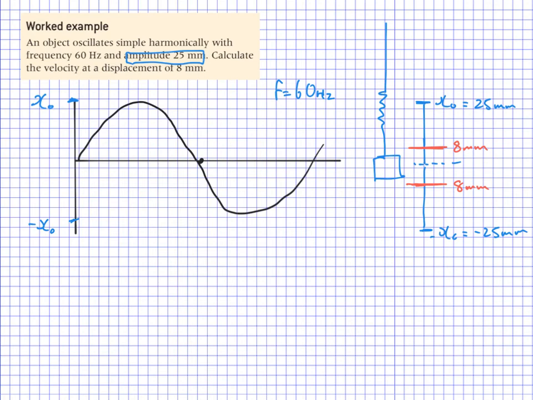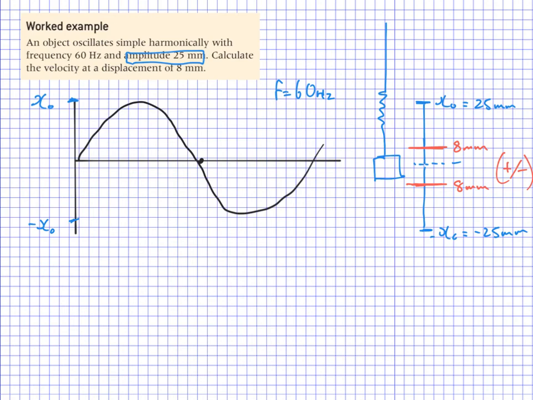So whatever it is, this is the plus minus bit, right? So you can choose whether it's a plus or a minus. It just depends on where it is in the situation. The question is, what is the velocity at this 8 millimeter displacement? Well, this is where you need to recognize which equation to use. So hopefully you can see that that's where this velocity equation is going to come in.